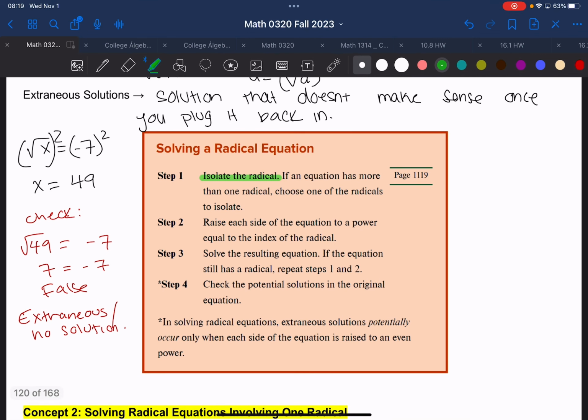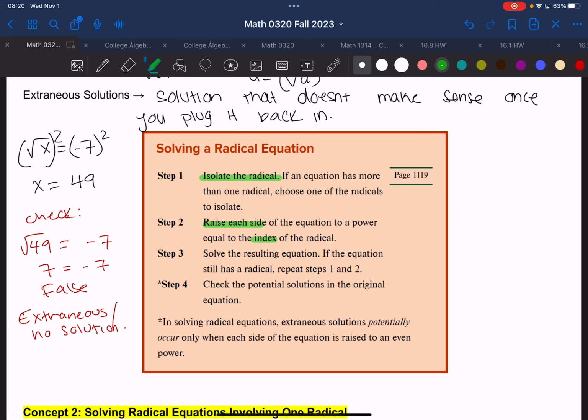Step 2 is raise each side of the equation to the power that equals the index. So if the radical was a square root, that means we would square both sides. What if it was the 5th root? What would we do to both sides? Raise it to the power of 5. So raise each side of the equation to whatever the index is.